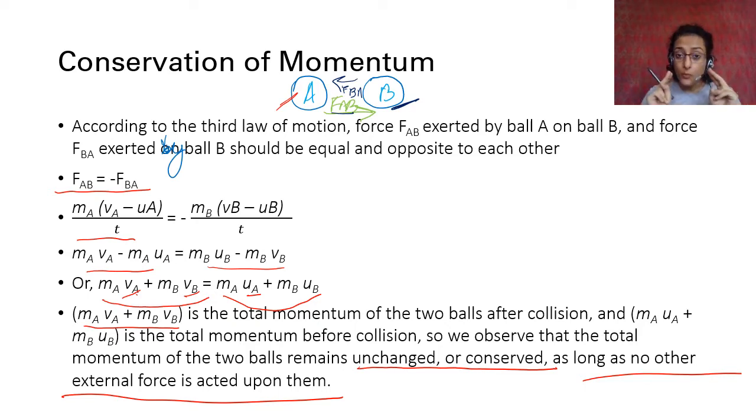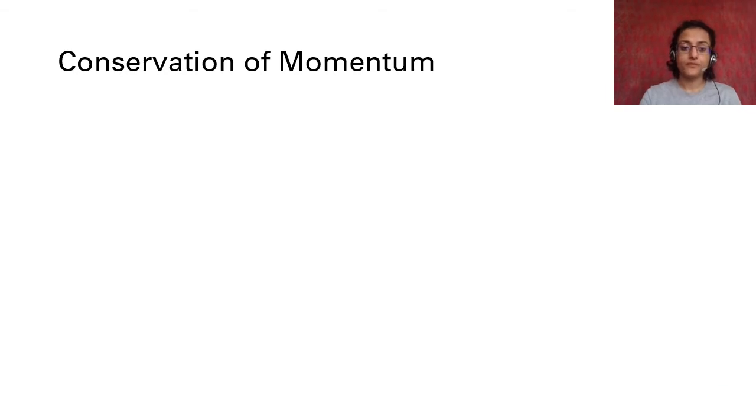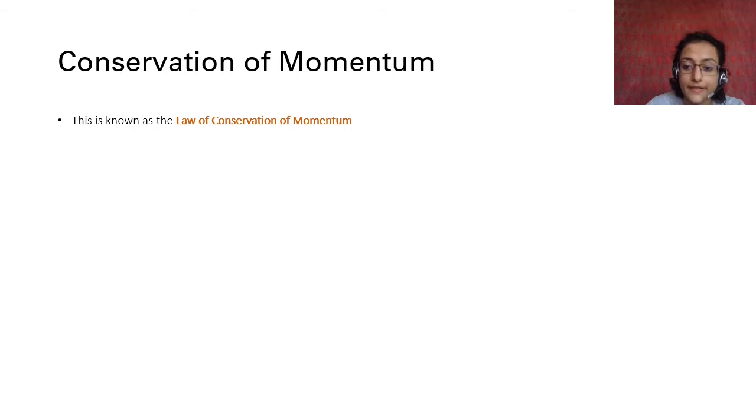The momentum of the system remains the same, which means that the sum of momentum of both the balls initially will be equal to the sum of the momentum of both the balls after collision. But there is no external force acting on them. This is known as the law of conservation of momentum.